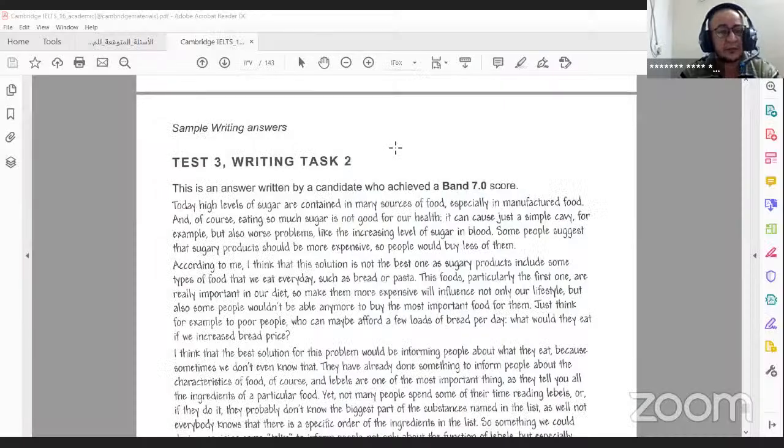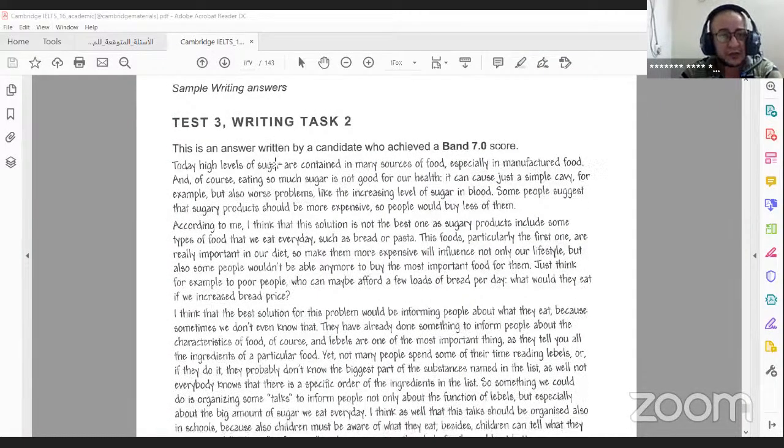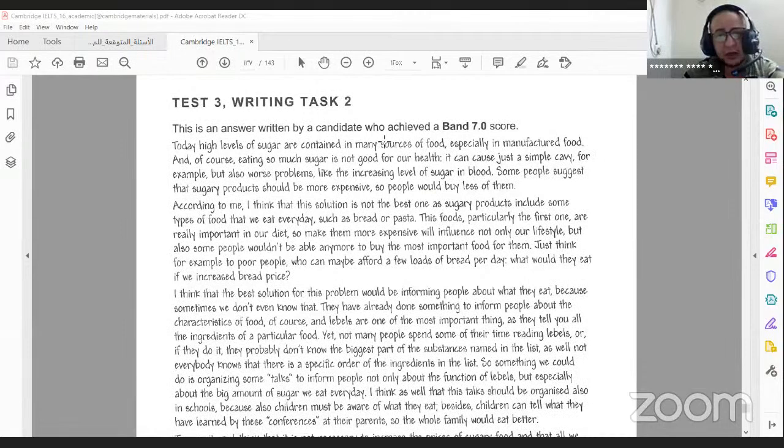Let's stop sharing this one. And let's come to the answer of a candidate who took 7. Here. This is an answer written by a candidate who achieved a band 7 score. Today, high levels of sugar are contained in many sources of food, especially in manufactured food.